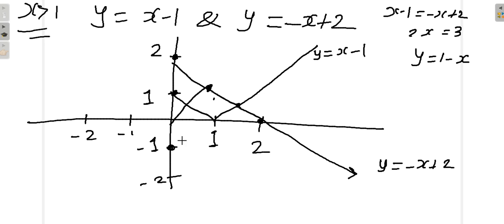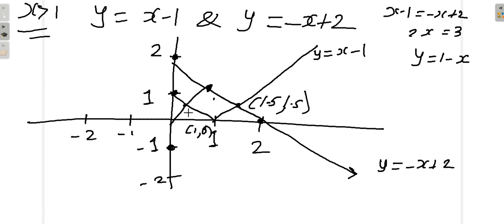So we get this quadrilateral. This point I know x is 1.5. If x is 1.5, y is also 1.5. So this point is 1.5, 1.5. This point is 1, 0. Let us consider this point.